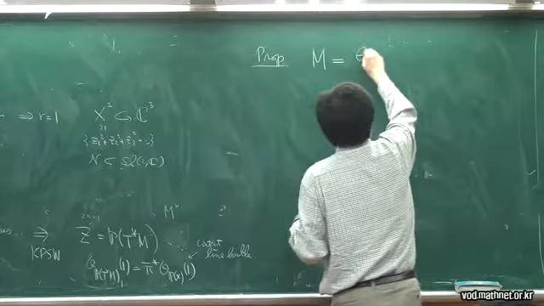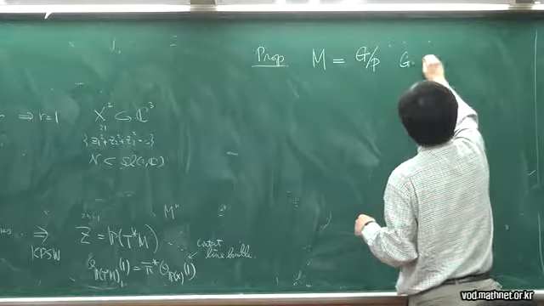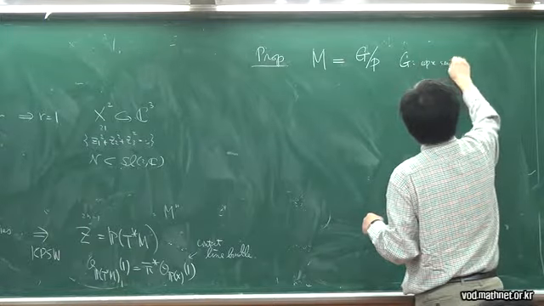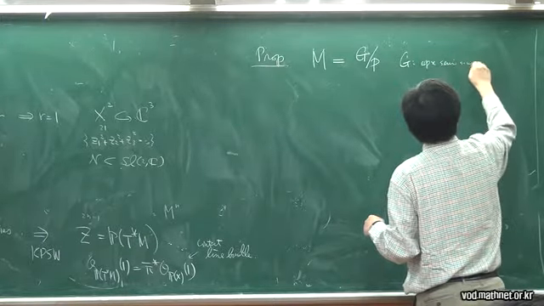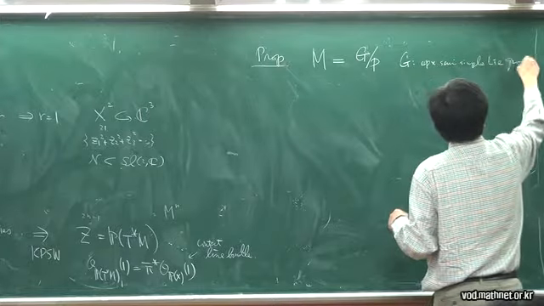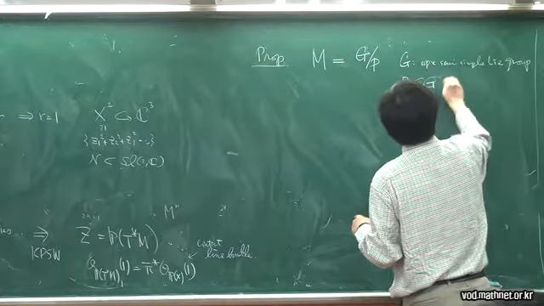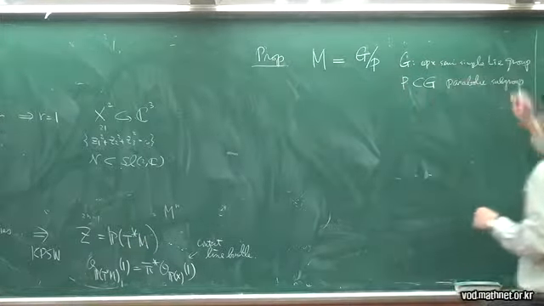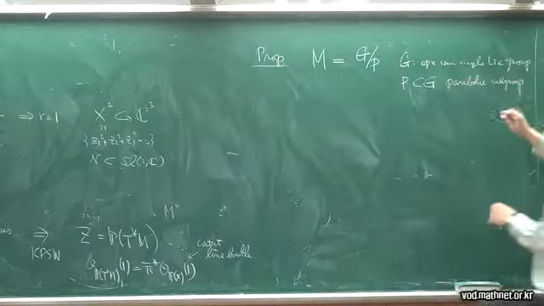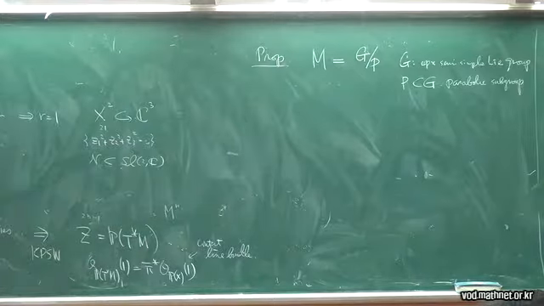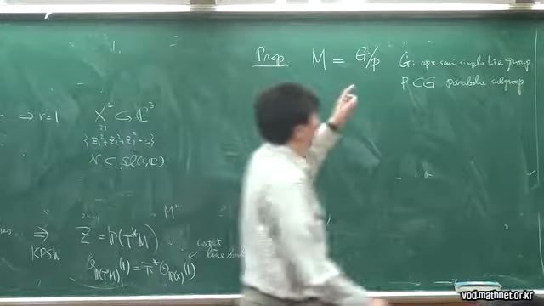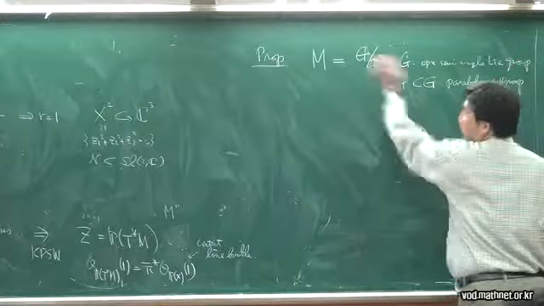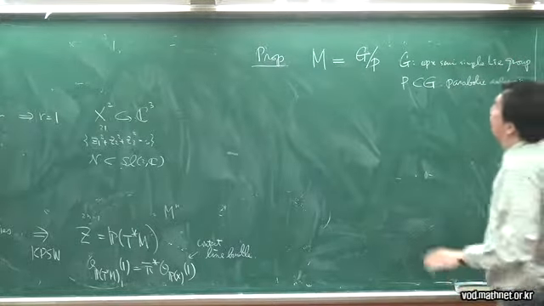So M is written as the following: G is some complex semisimple group, and P is a parabolic group. So here the Lie group appears. So the main result says that if we start with such an assumption, we get some nilpotent variety for some Lie algebra. The Lie algebra appears here.